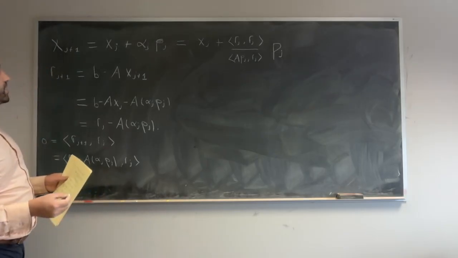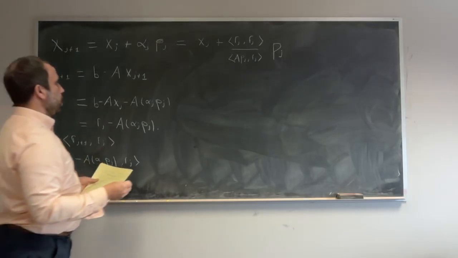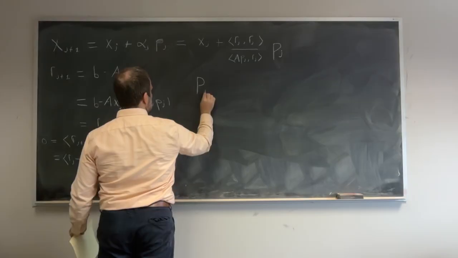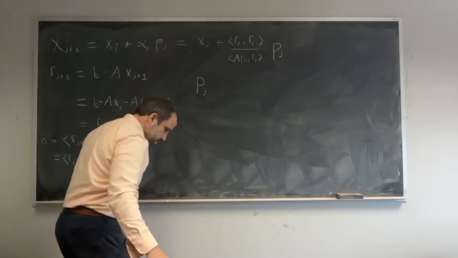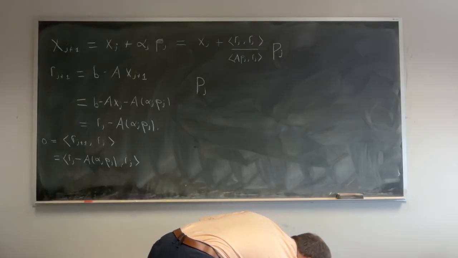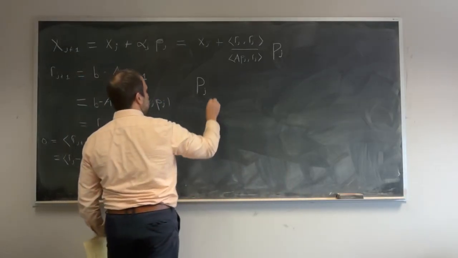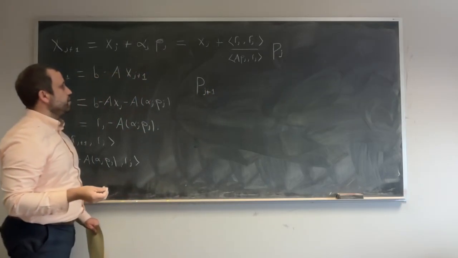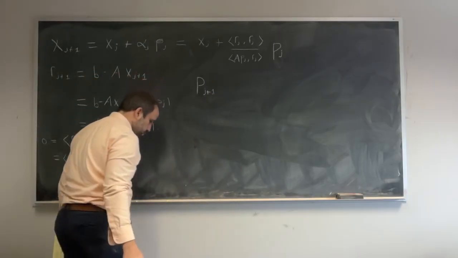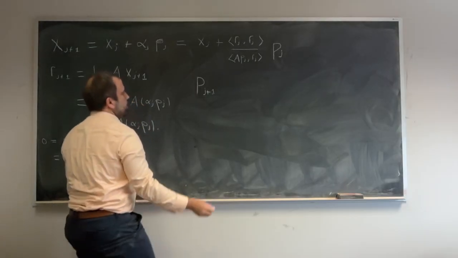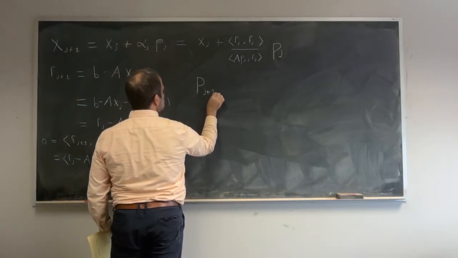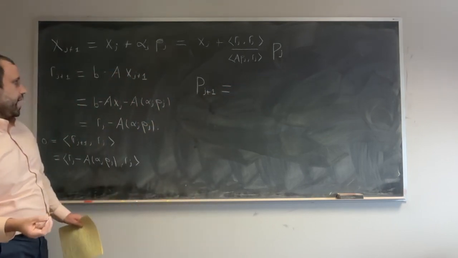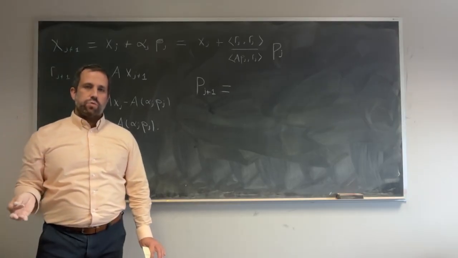So, all right. Now we can say that p_{j+1}, as I just mentioned, is in the linear span of r_{j+1} and p_j. Now, the magnitude of the p_j's is not the important thing.